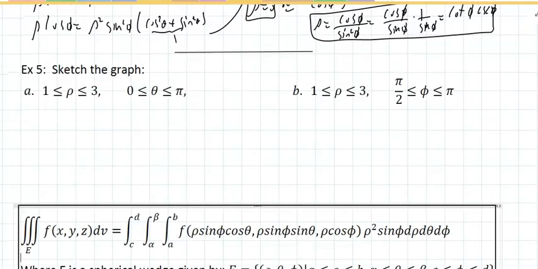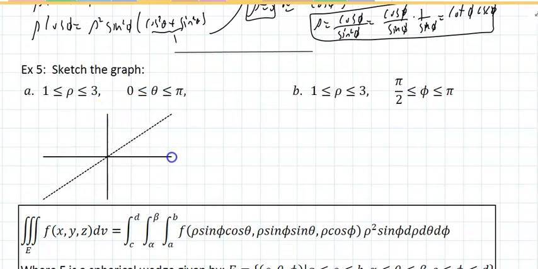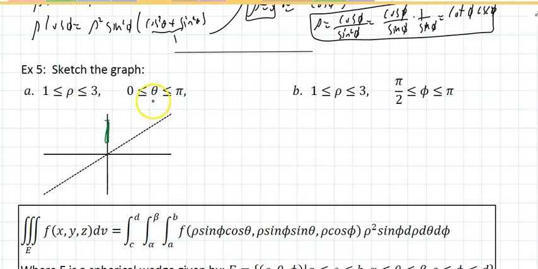If I want to sketch these graphs, let's see how this looks. Rho is between 1 and 3. It's that piece. Theta is going to run between 0 and pi. Between 0 and pi, so phi could run all the way down, and theta runs back and forth.